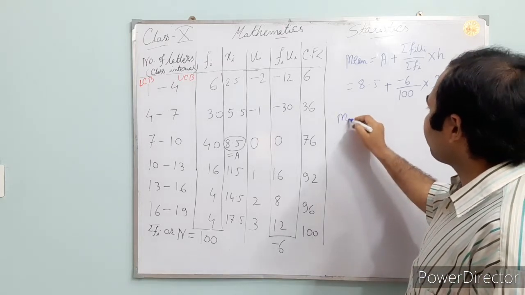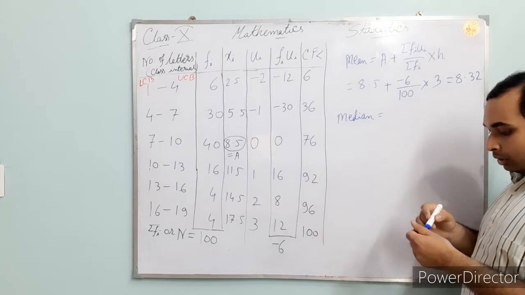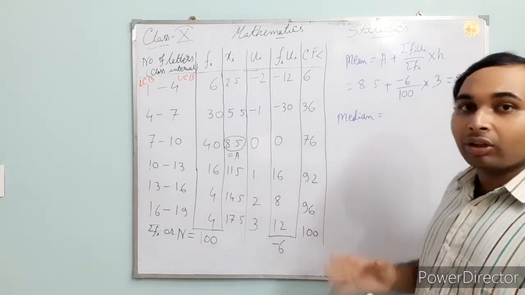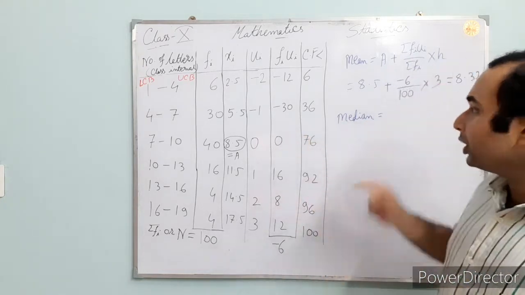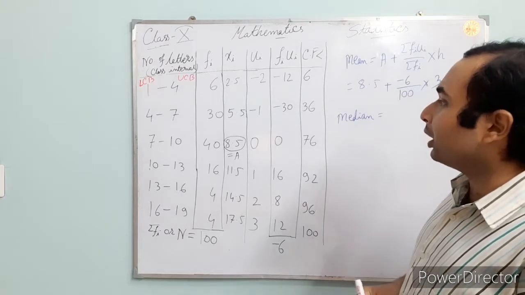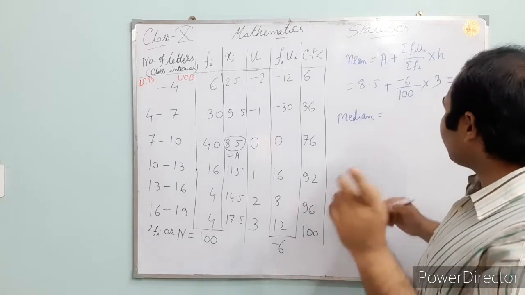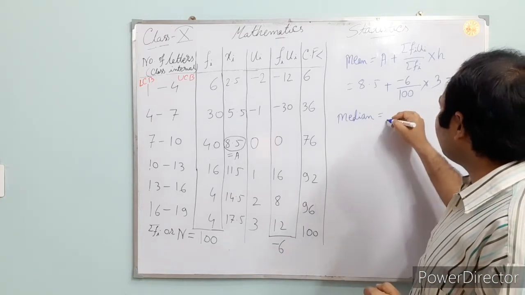Now median. Listen attentively. Very easy process, but you also have to keep in mind lots of things. For finding the median, you have to first find the median class. Actually, first of all, let me write down the formula for finding the median.